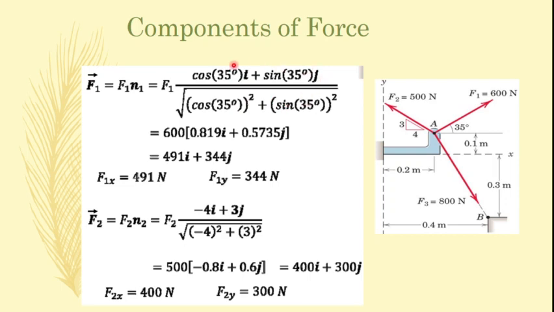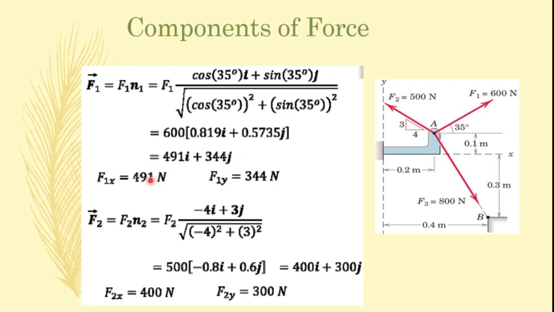From that principle we get this unit vector along this direction. The magnitude of the force is given, that is 600. Then automatically we can find the F1 vector: it is 491i plus 344j.